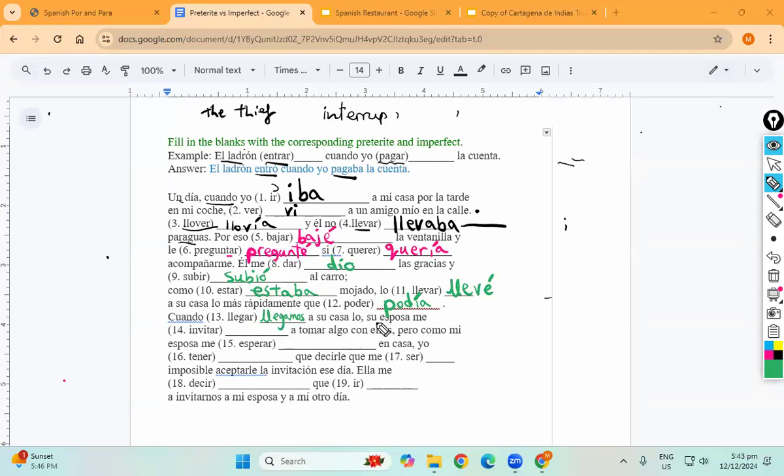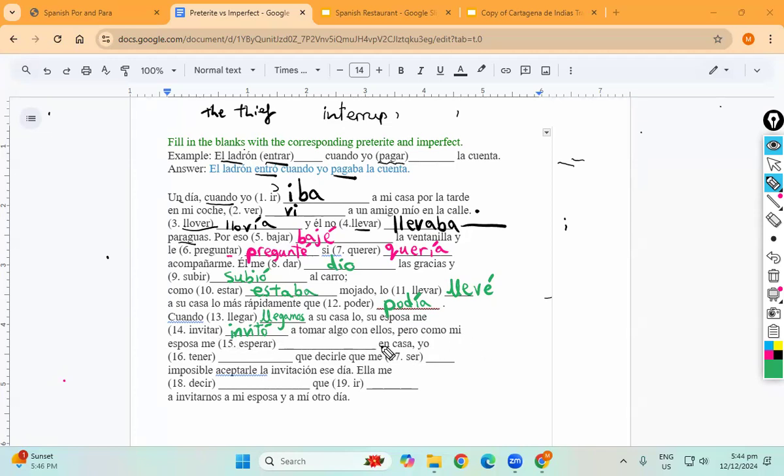So when we got to his house, so his esposa, so his wife invited me, right? So she me invitó. Right? Preterite again, because one invitation is just a single action. So she invited me to take something with them, to have something with them, to eat or drink, right? A tomar algo con ellos.